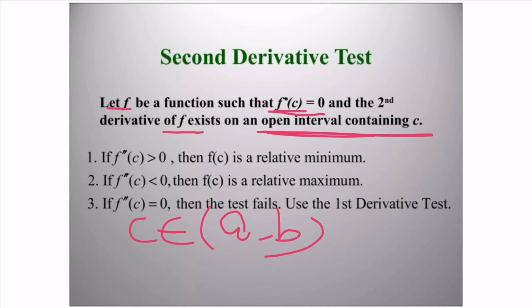If the second derivative at the critical point c is greater than 0, then f of c is a relative minima. If the second derivative at the critical point c is less than 0, then f of c is a relative maxima of the given function.